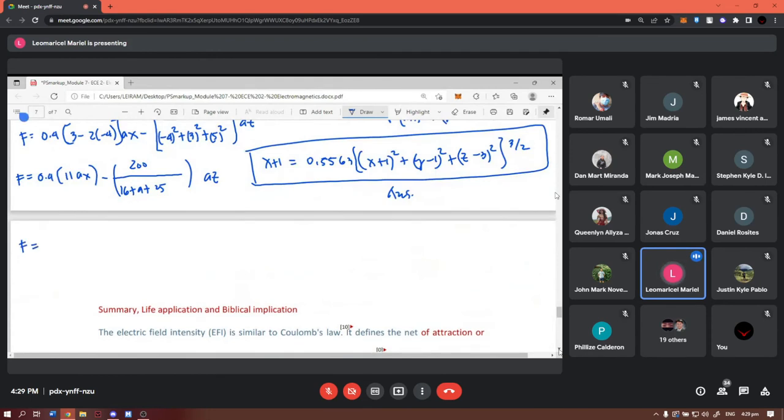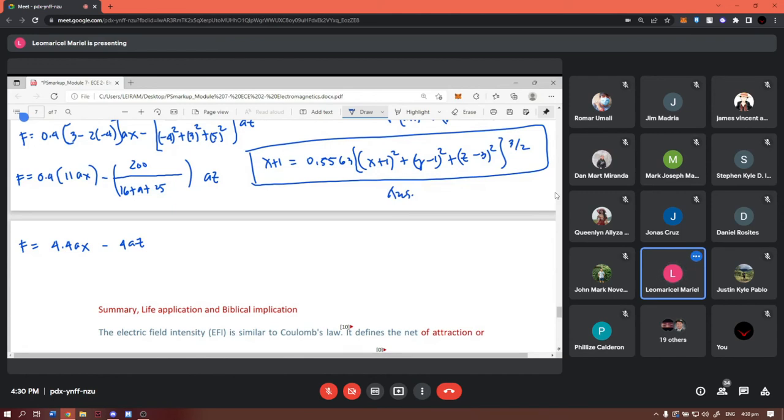Function F is equals to 4.4 ax. 0.4 times 11, 4.4, no? What is 200 divide ilan yan? 16 plus 9, 25 plus 25, 50. So 4 az. Tama ba? 200 divide 50 is 4. Okay, correct.